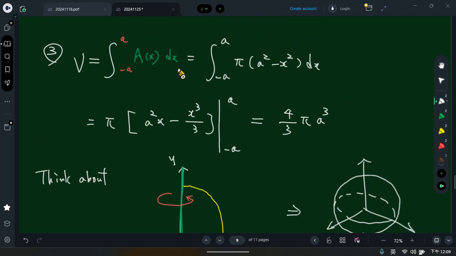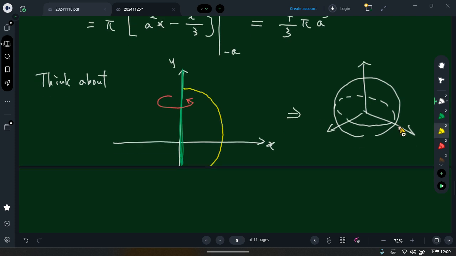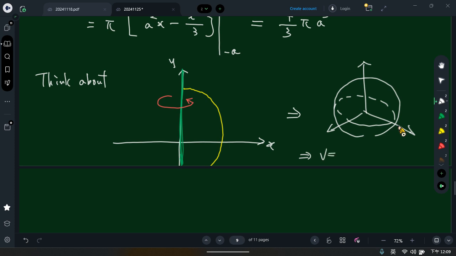This time we will integrate with respect to y instead of with respect to x. But the result is still the same. V is equal to 4/3 pi a cubed, if the radius is a.